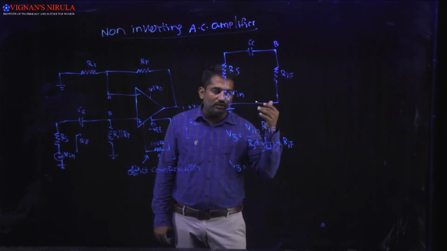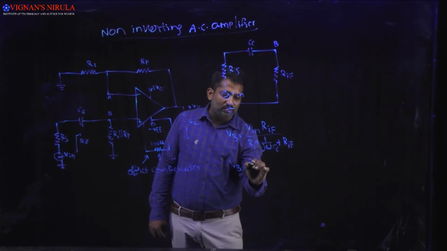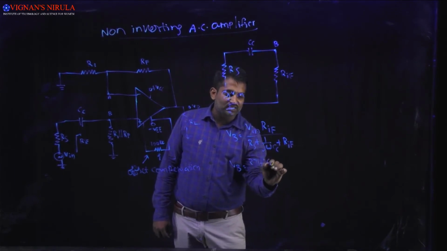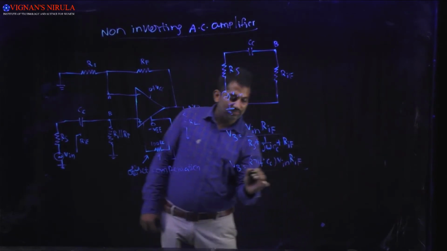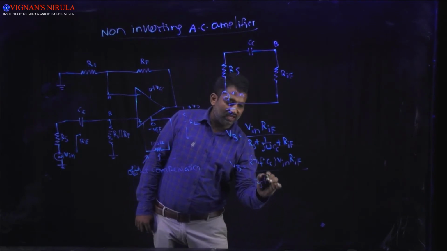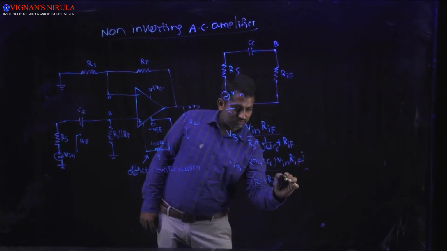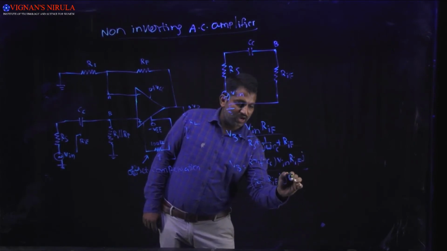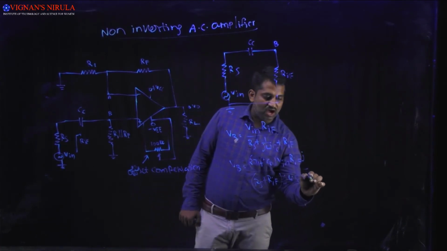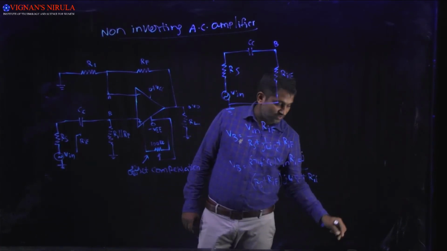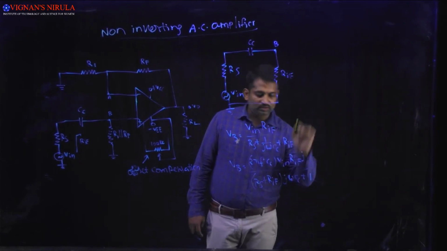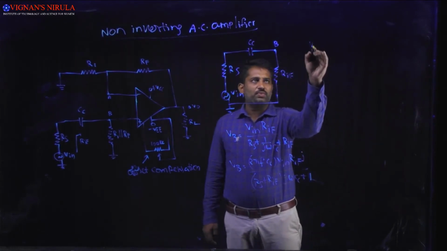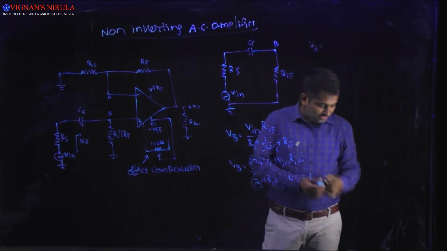Now I am going to write directly, which is nothing but 2 pi F CC into Vin RIF divided by (RS plus RIF) into J omega CC plus 1. Now what happened is VB will be written as follows.